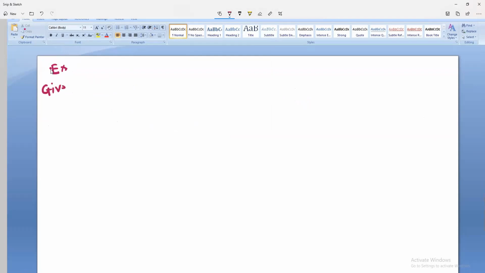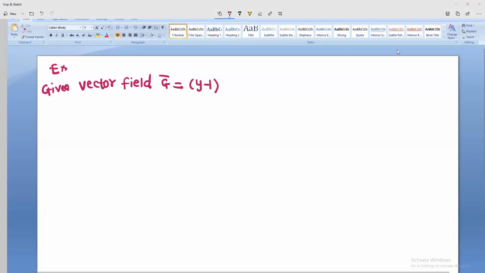Given vector field G bar is equal to y minus 1 a bar x plus 2x a bar y.